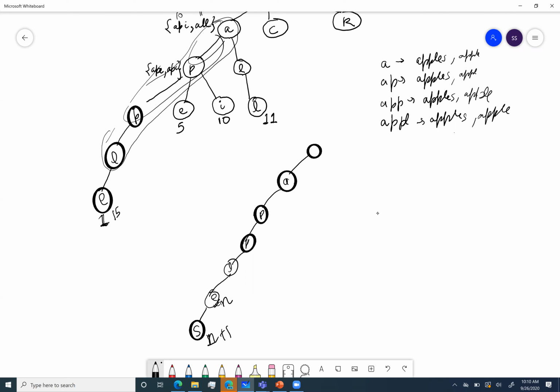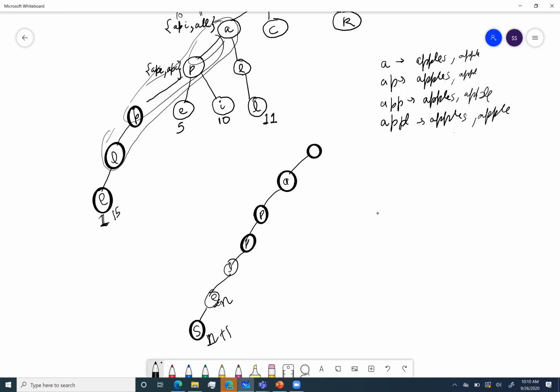Okay, I think I get your point. So these suggestions are not good, apples and apple for A? No, they are good. Our algorithm is not to find whether it is good. We are just trying to find out what the pattern is.